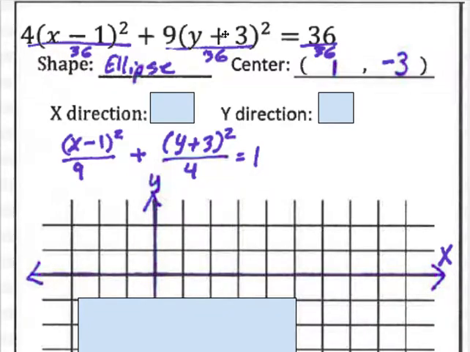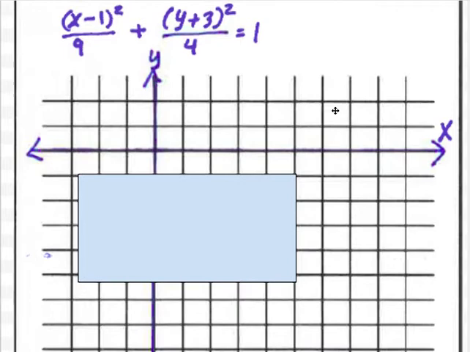So anytime you have a plus, you're going to the negative direction. All right, so the center of my ellipse is going to be at 1, negative 3. And then my horizontal radius, square root of 9 is 3, and my vertical radius, the square root of 4 is 2. So let's look at our graph.